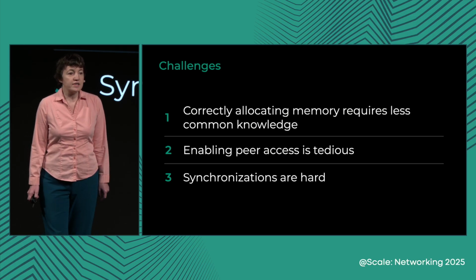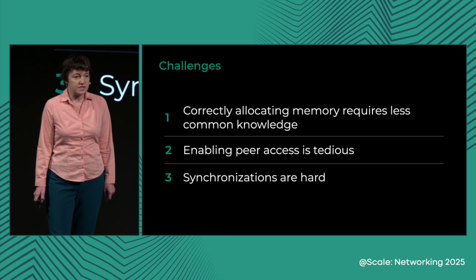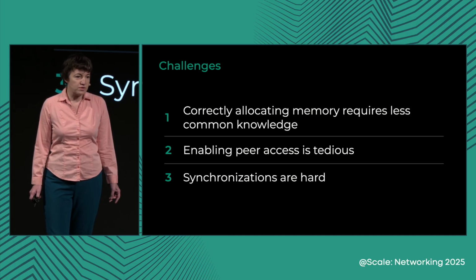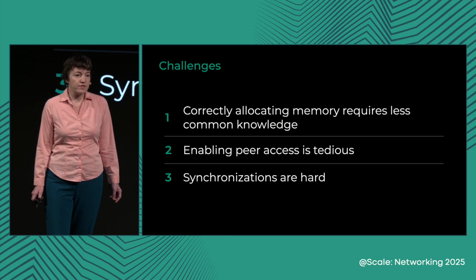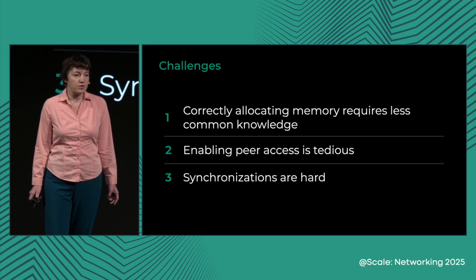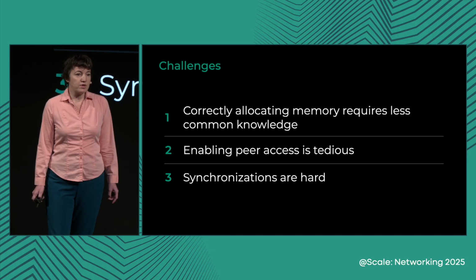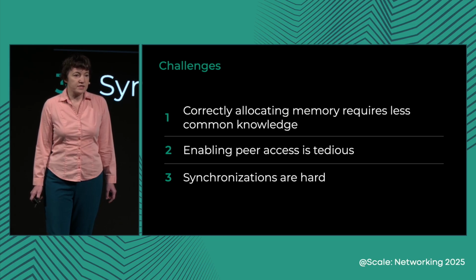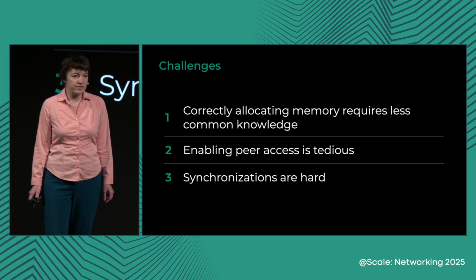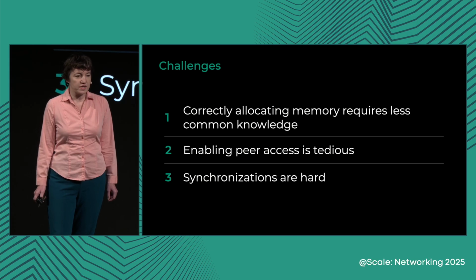And finally, to be able to use this shared memory, you need to know when it's safe, for example, to write to it when there is nothing else happening, or when the other process has already prepared the data for you to read. And performing these synchronizations correctly also is pretty tricky and requires quite a lot of expertise. So with symmetric memory, we are providing pre-written synchronization primitives so that the developers don't need to think about that too much.